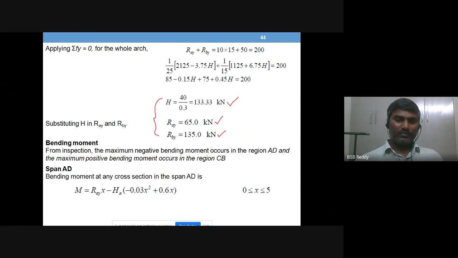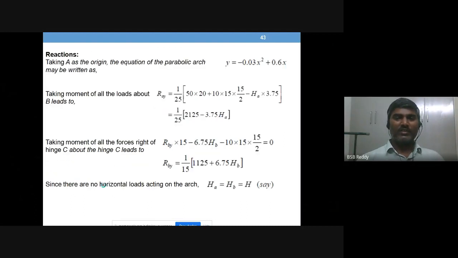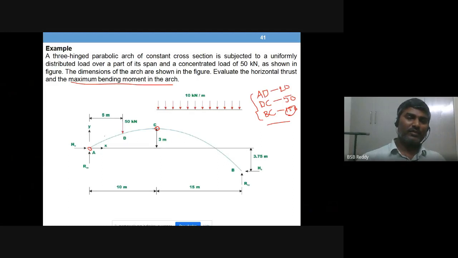I have taken span AD first. Now you take a section in portion AD, somewhere XX, and write the Mx equation for portion AD. To the left of section XX, what loads do you have? RAY and HA, only two loads.